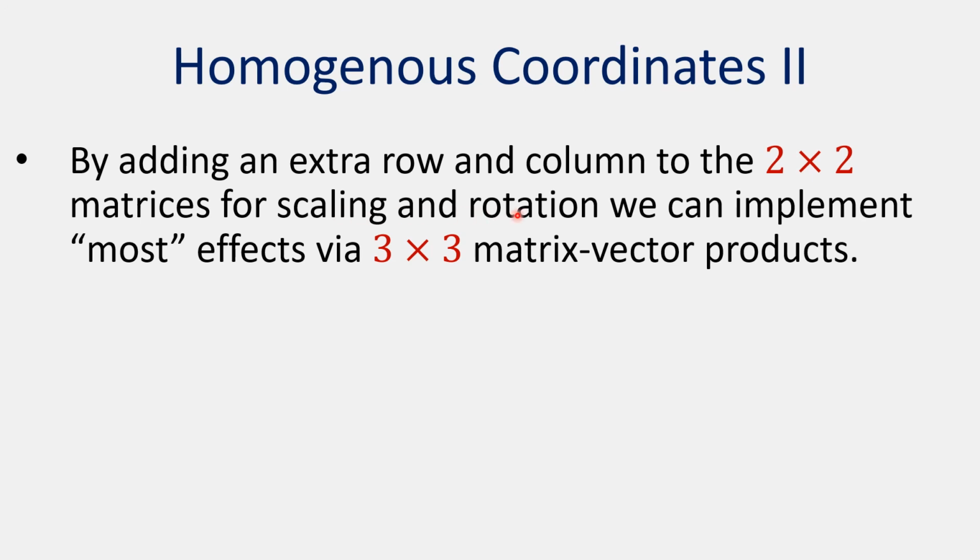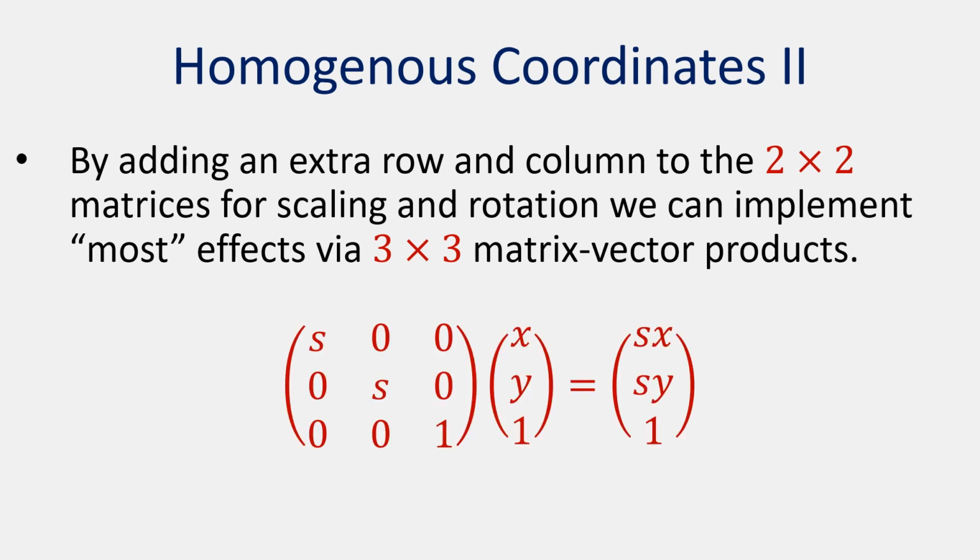We can do it for rotation, and it turns out we can implement most effects in 2 dimensions just as the outcome of combining 3x3 matrix vector products. So for scaling, if we're using homogeneous coordinates, we would use this matrix. We just add this dummy row and this dummy column, and we have this value 1 in the homogeneous coordinate, and that gets preserved when we carry out the matrix vector product.